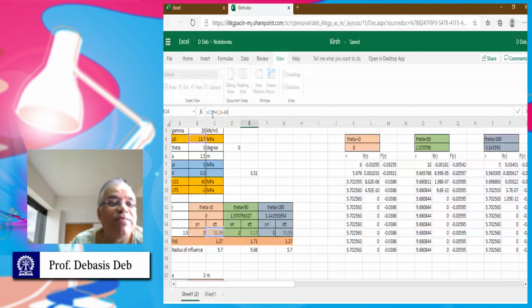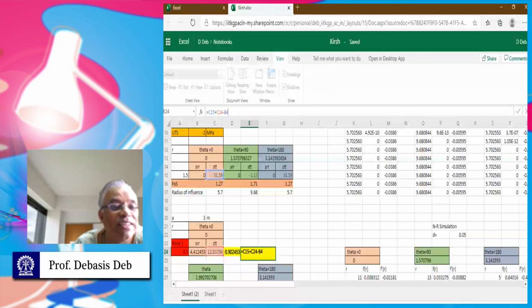When I calculated C15, that means the influence of tunnel 1, I already incorporated P naught. When I calculated this one, there also I incorporated P naught. So 2 times already added there, so I have to subtract 1 time.